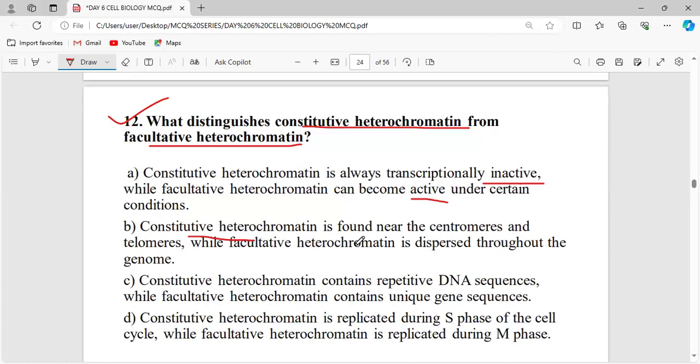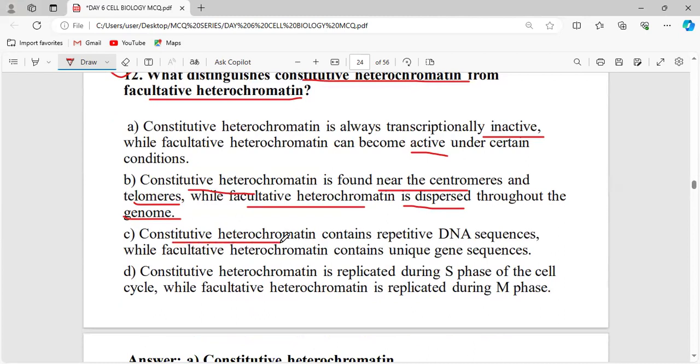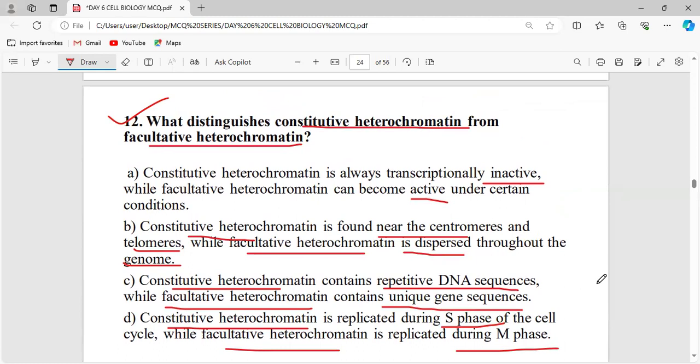Second, constitutive heterochromatin is found near the centromeres and telomeres, while facultative heterochromatin is dispersed throughout the genome. Third, constitutive heterochromatin contains repetitive DNA sequences, while facultative heterochromatin contains unique gene sequences. Option D, constitutive heterochromatin is replicated during the S phase and facultative heterochromatin is replicated during the M phase. What will be the answer?